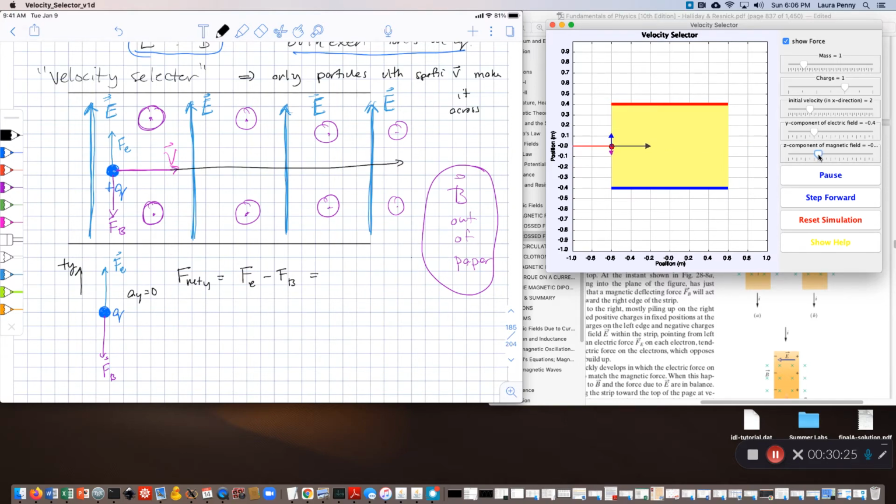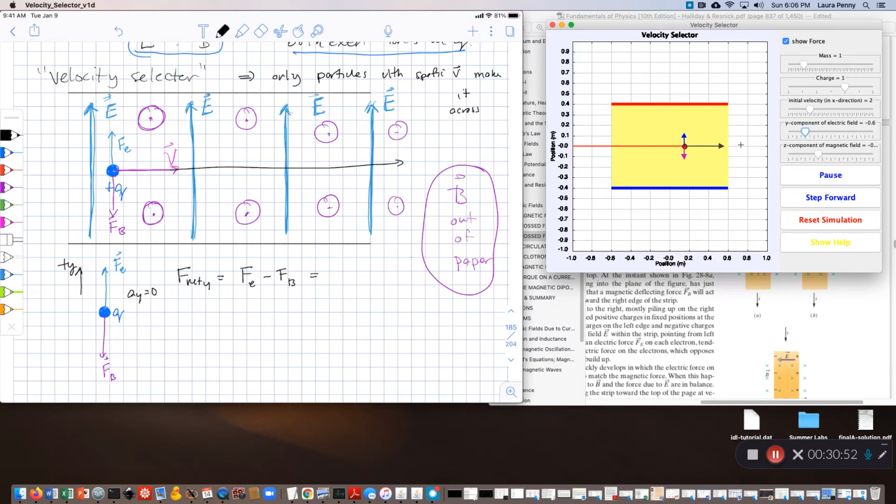It's causing it to move too much. Let's actually increase our electric field and see if we can balance them out. So we want to try and balance these so that this particle goes straight across. Oh, it's so close. It's like the world's most boring video game. Oh, there we go. So there we've got a balance between our electric force and our magnetic force, and that object makes it through the velocity selector.